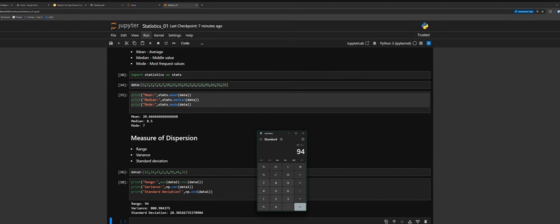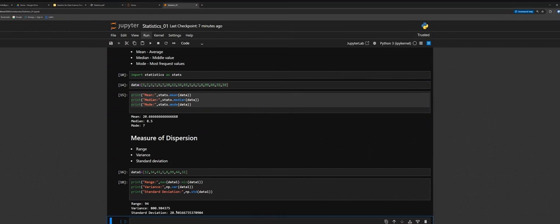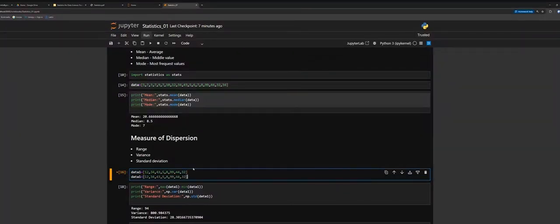Now if you see variance here, 800 point some 98, and here standard deviation of 28.3, which is the overall standard deviation for this data. If you add single digit numbers, you can understand better. So I will just copy this and put it in a comment.